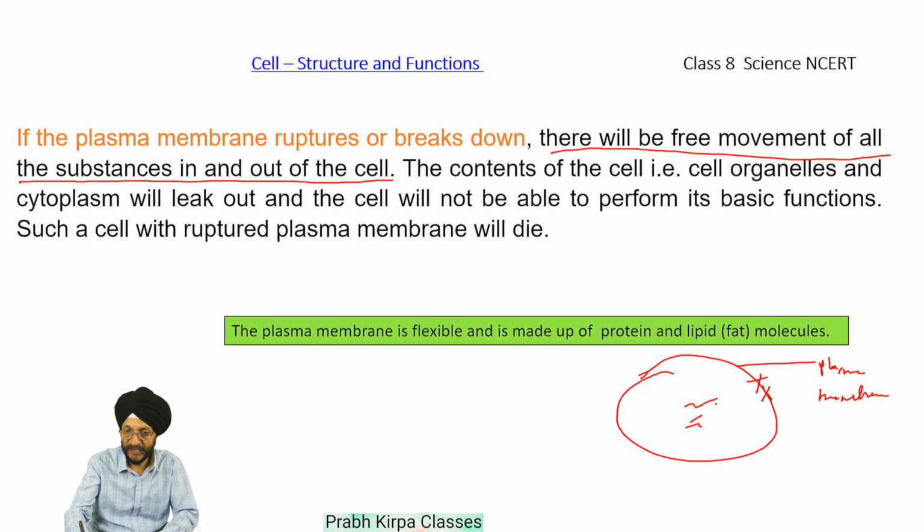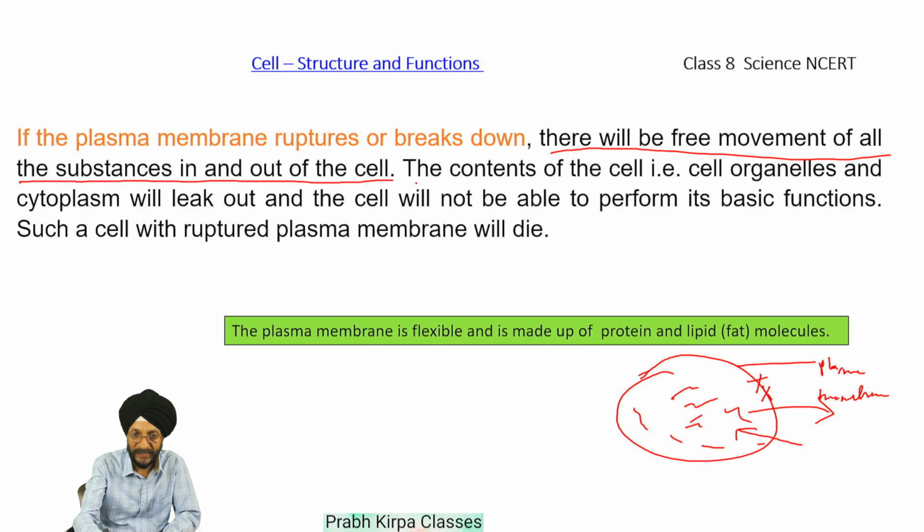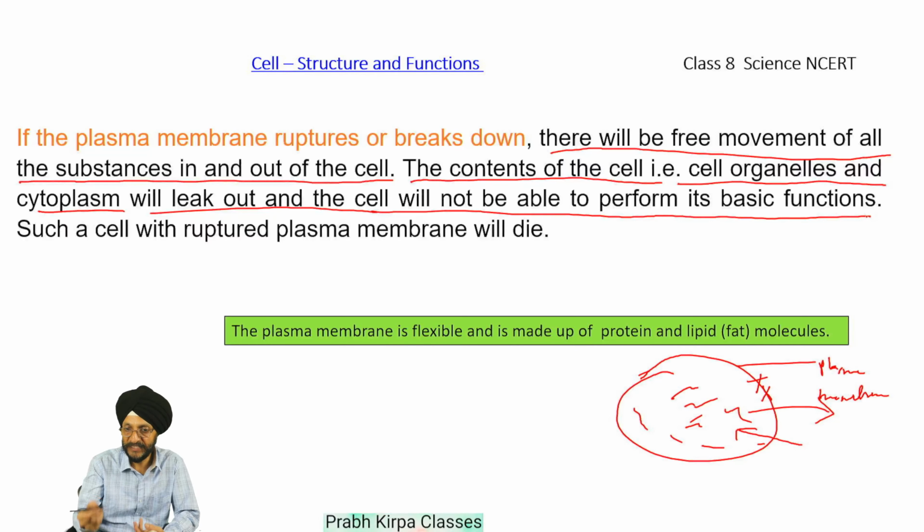All the contents, whether organelles or cytoplasm, will flow out, or whatever is present outside the cell will go inside. So the contents of the cell, that is cell organelles and cytoplasm, will leak out and the cell will not be able to perform its basic functions.